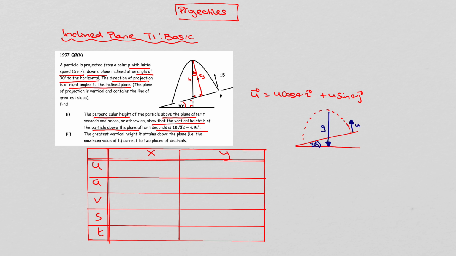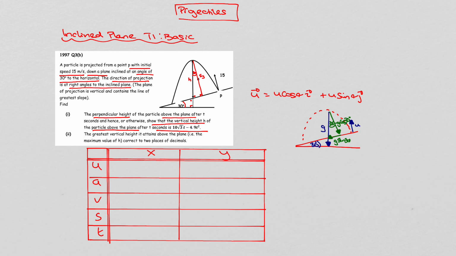So if we have G going down, then when we resolve it, using a different colour pen here, G in the Y direction is going to be negative because it's the opposite direction to its initial velocity, and G in the X direction is going to be positive because it's the same direction as U in the X direction. So essentially we have G sine 30 in the X direction and G cos 30 in the Y direction, but it is negative.